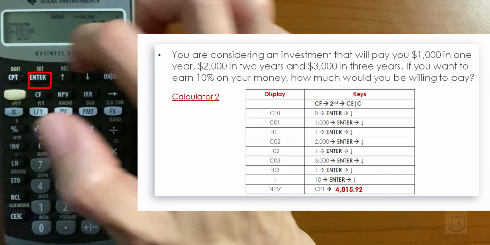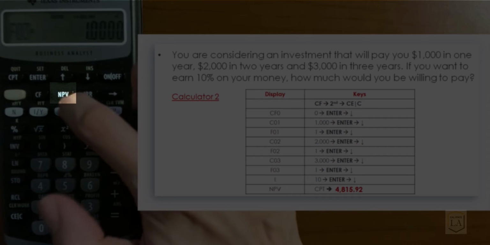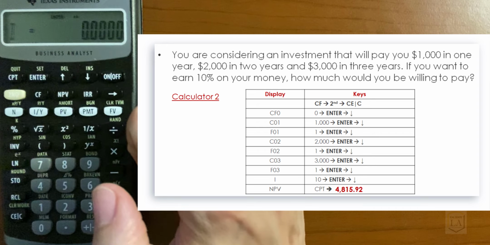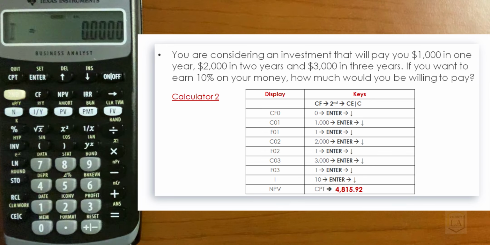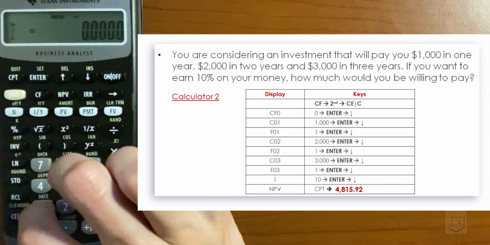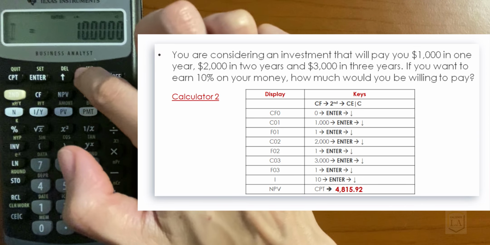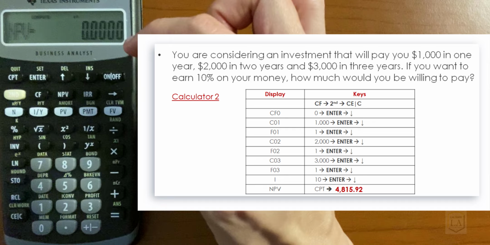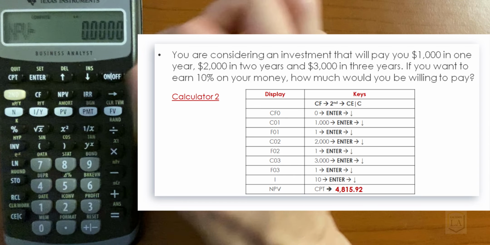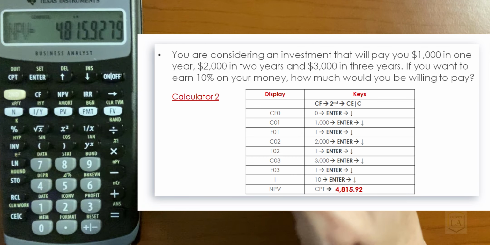So you enter, and now you're ready to compute the net present value. So net present value, and when it comes to interest rate, it was 10. Enter, down arrow, and you'll see NPV. You're ready to compute. So push compute, and the number you will see is 4,815.93.